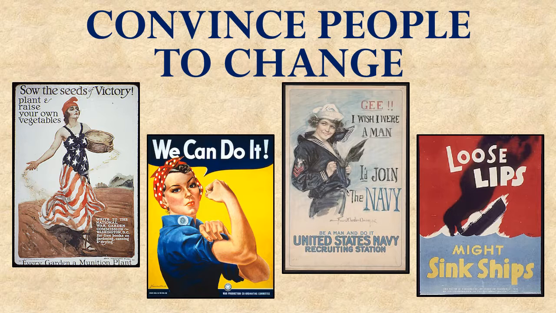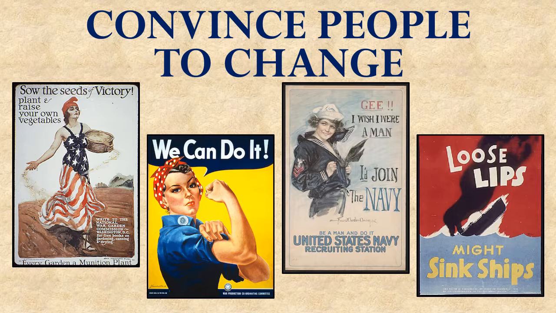One of them is encouraging people to plant their old gardens around the time of the First World War in order to have more food available. One of them is encouraging women to go to work to replace the men that are at war during the Second World War. The third one is encouraging men to go enlist in the Navy as a way to impress some women, so that the United States has more sailors in the Navy. The fourth one is encouraging people to stay quiet, to not share things that could end up being secrets used by the enemy.